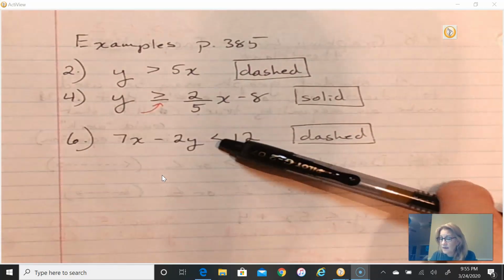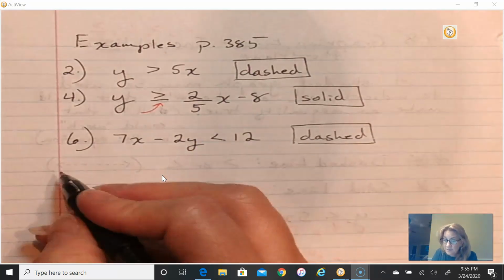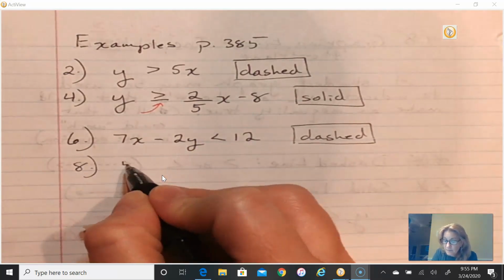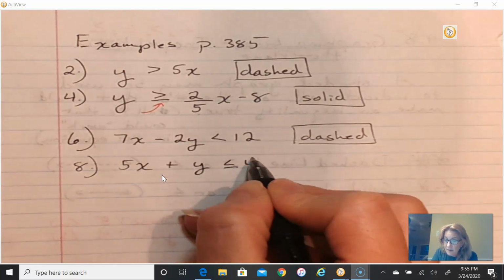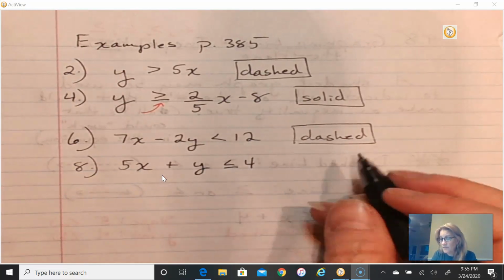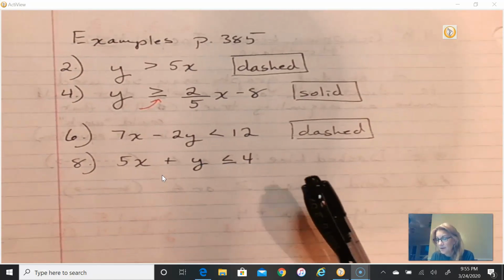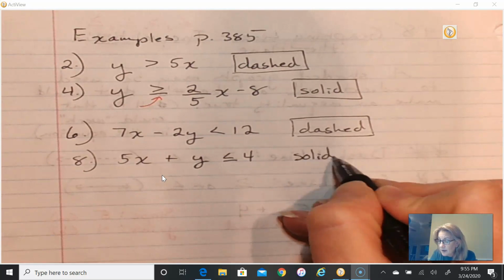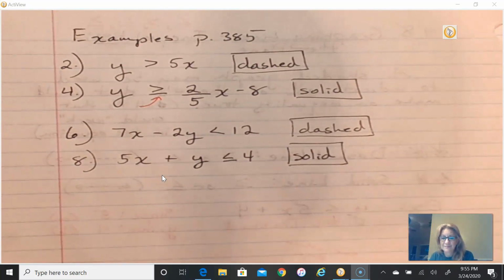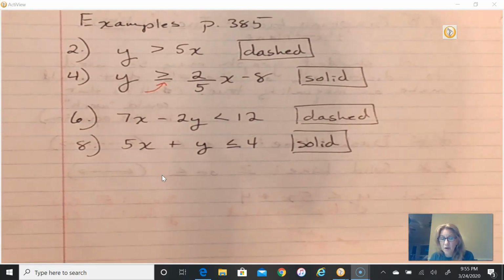Dashed, dashed, solid. 5x plus y is less than or equal to 4. Based on this one, it's solid. Hopefully that helps you understand when you do a dashed line and when you do a solid line.